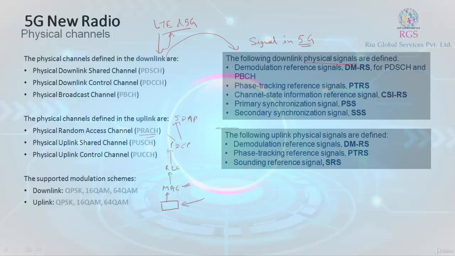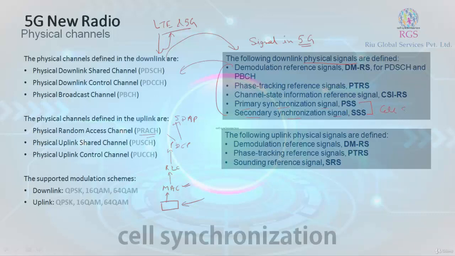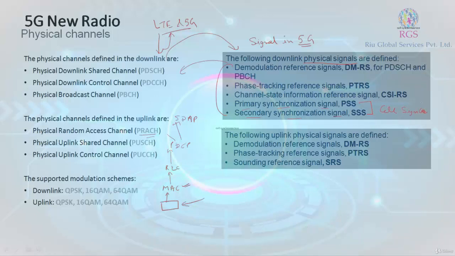So this is the basic difference between signals and channels. Now, what is the purpose of using signals? For example, we use PSS and SSS, the primary synchronization signal and the secondary synchronization signal, in order to perform cell synchronization, cell sync, right?